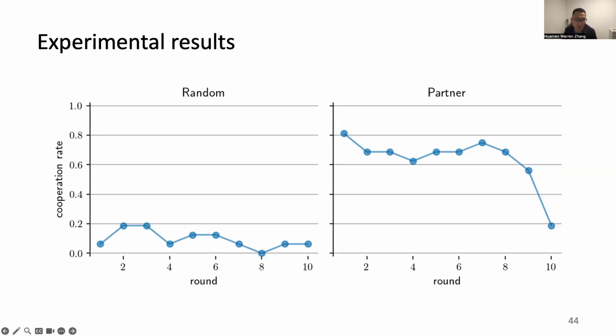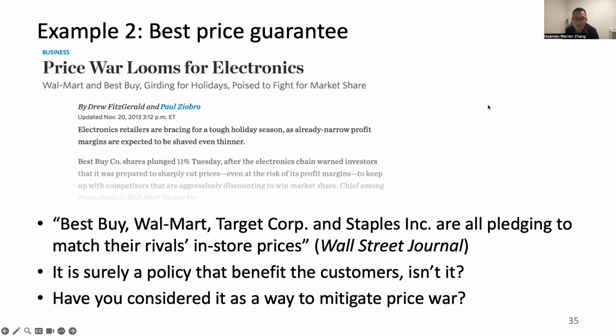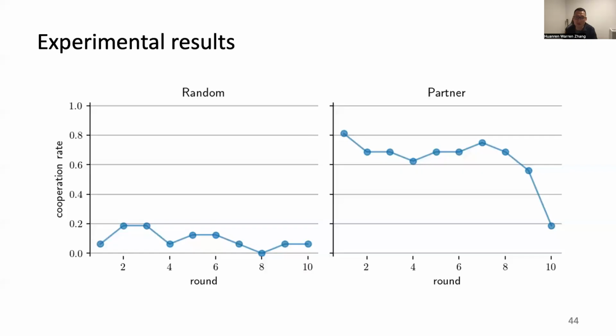Let's keep in mind this is a prisoner's dilemma. The only difference between these two games is that for the second play, you are interacting with the same opponent or partner throughout the 10 rounds. So what are some interesting observations across these two different conditions?